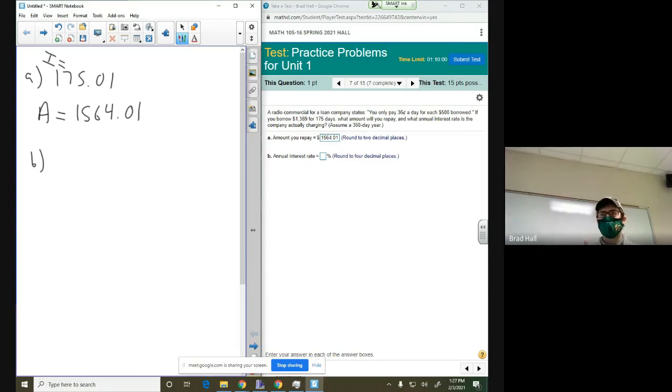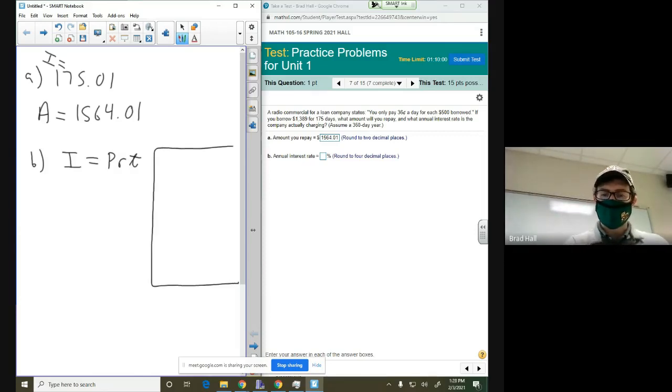Really, there's two formulas. There's that I equals PRT formula, and there's the A formula. We can use either one because we have a lot of variables at play here. Personally, I'd rather use the one that has less stuff going on. And now that we're using a formula, the I is the interest or the fee, which was 175.01.